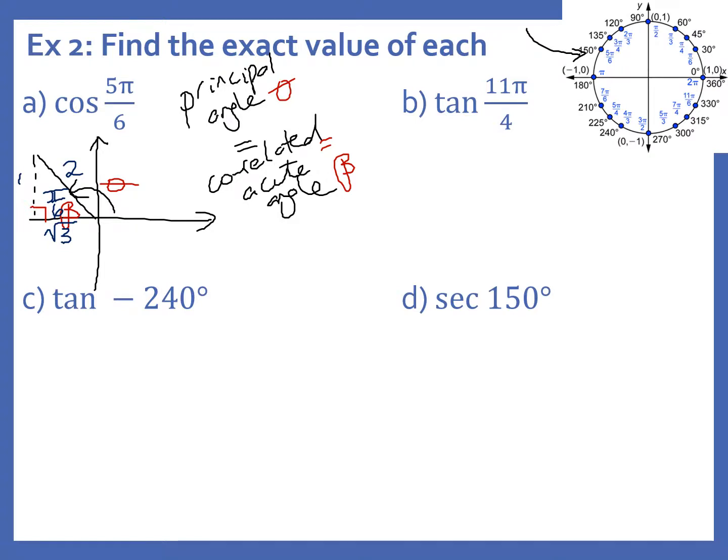So this cos 5 pi over 6 equals root 3 over 2. And last but not least, you need to use your CAST rule. So cos bottom right, all sine top left. So that would be negative root 3 over 2.